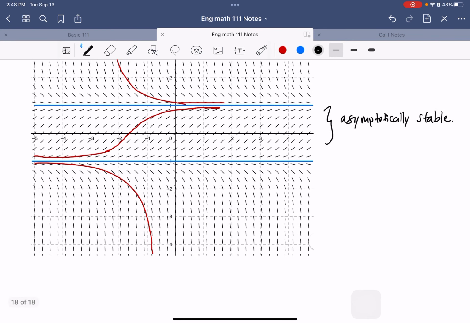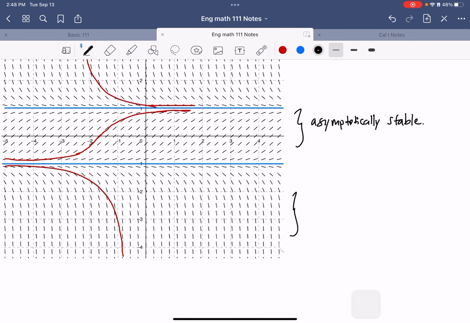And if we look at the bottom one here, we can see that this is going to be unstable.